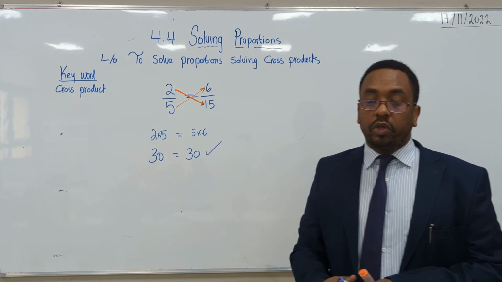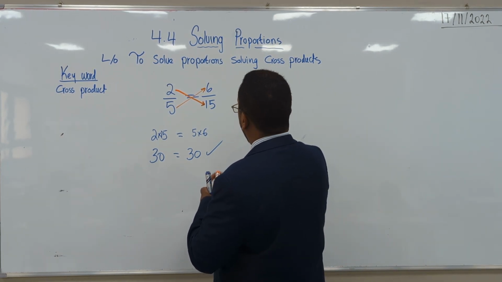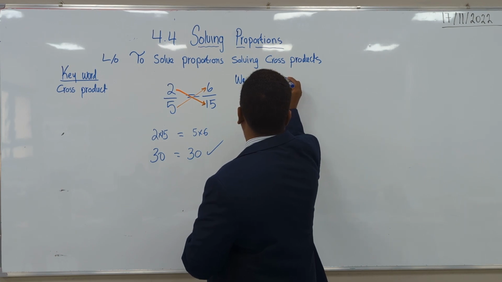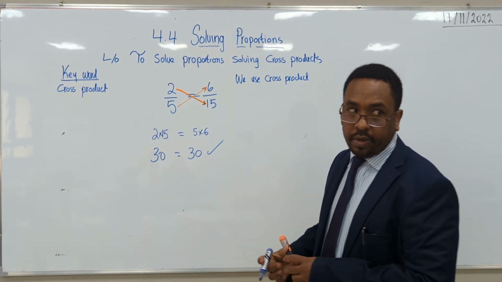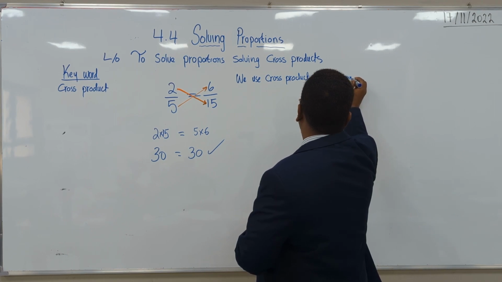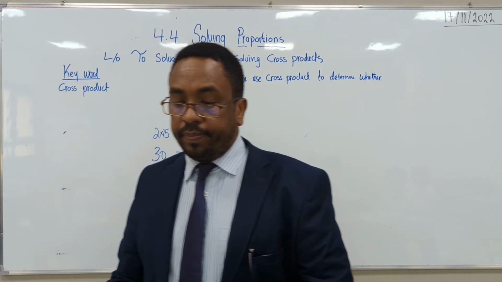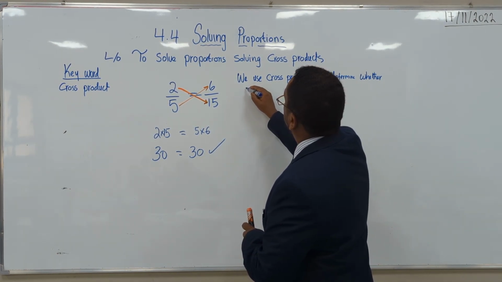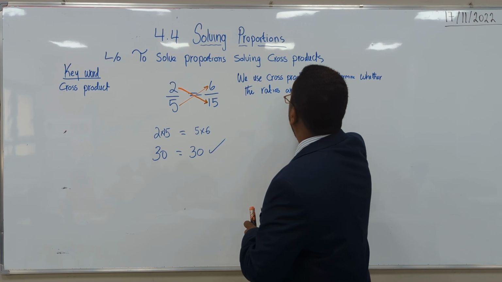So just write a little note. We use cross product to determine whether the ratios are proportional.